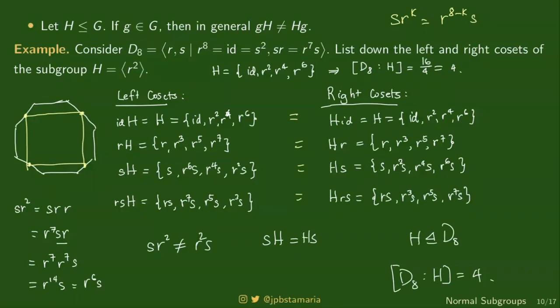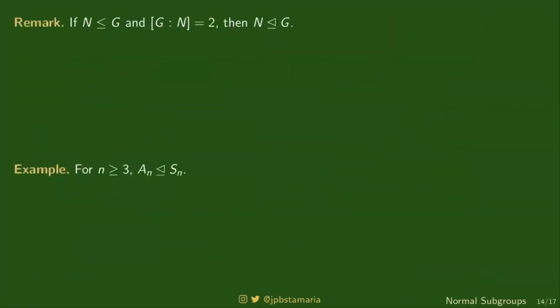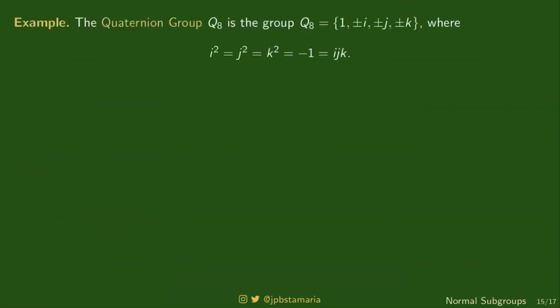So, hindi porket hindi na 2 ang index, hindi na normal ha, hindi ganun yun. Kaya pwedeng ang index mo is something else, but still, it is normal. But in general, if the index is 2, it's normal. Kasi ang reason, si A sub N ay kalahati talaga ng S sub N.